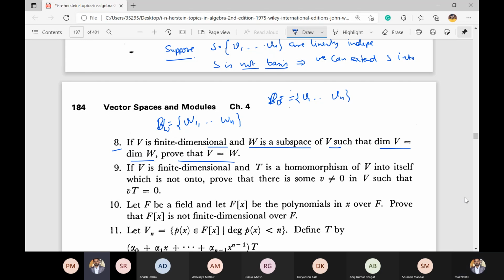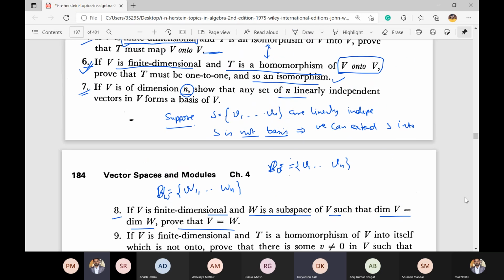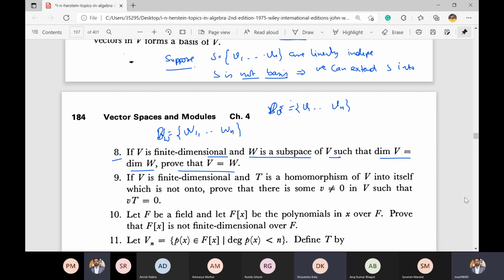These n elements are linearly independent because they are linearly independent in W, and they are in V. So they will also form a basis for V, because from question number 7 we have seen that n linearly independent vectors form a basis. So it will follow from question number 7, and you have to write a little bit in the last to conclude your statements.